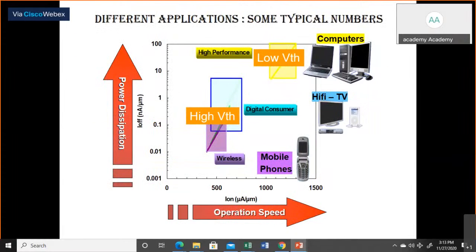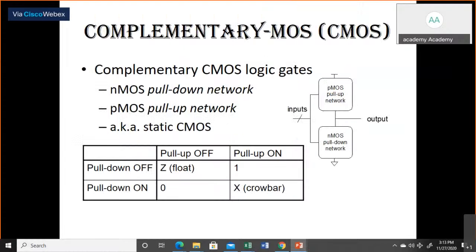These are the different applications that over time have been observed in electronic gadgets based on CMOS technology: mobile phones, TVs, computers, and all. Now we move from NMOS technology to complementary CMOS technology.